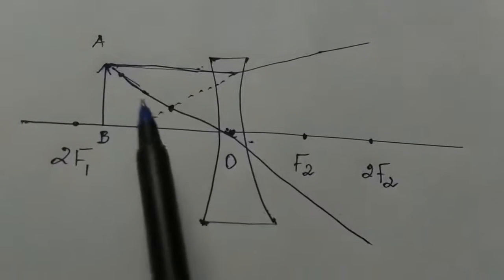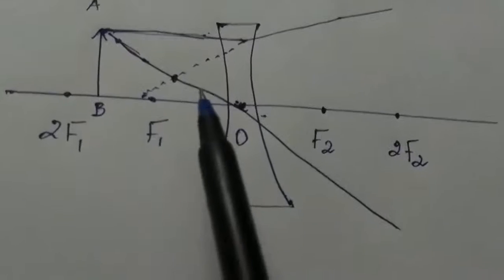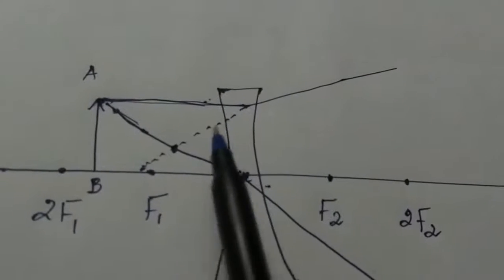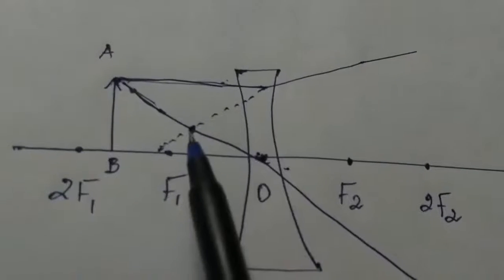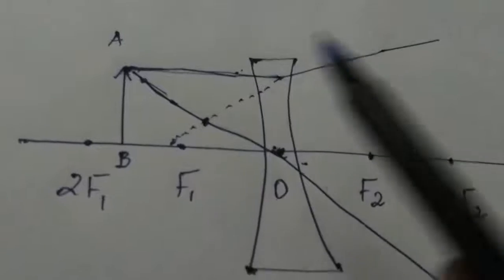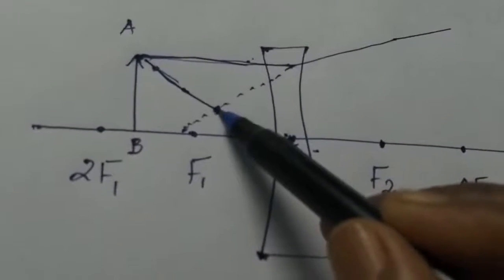Now where do these two refracted rays meet? Since they are diverging rays, we need to extend them backwards to the point where they intersect. So these two rays intersect here.